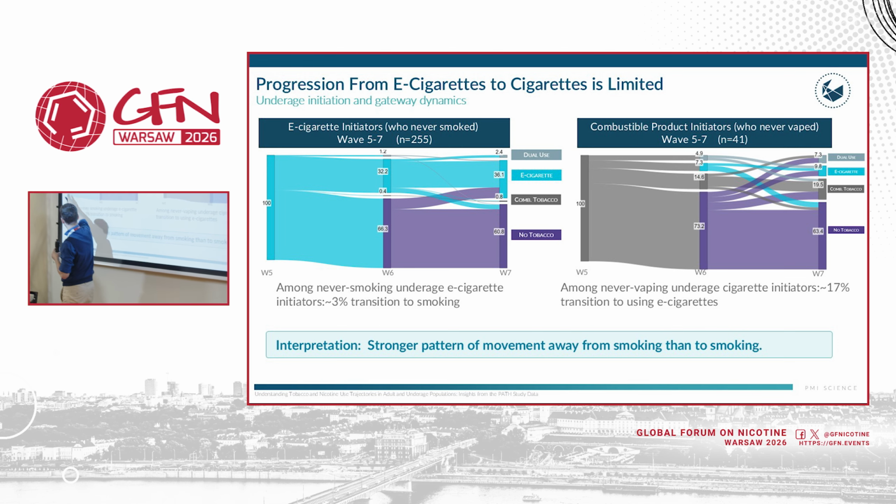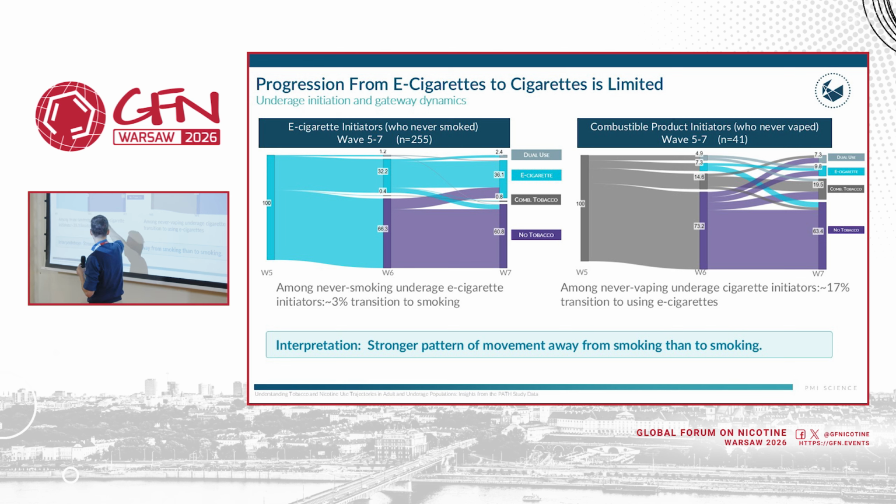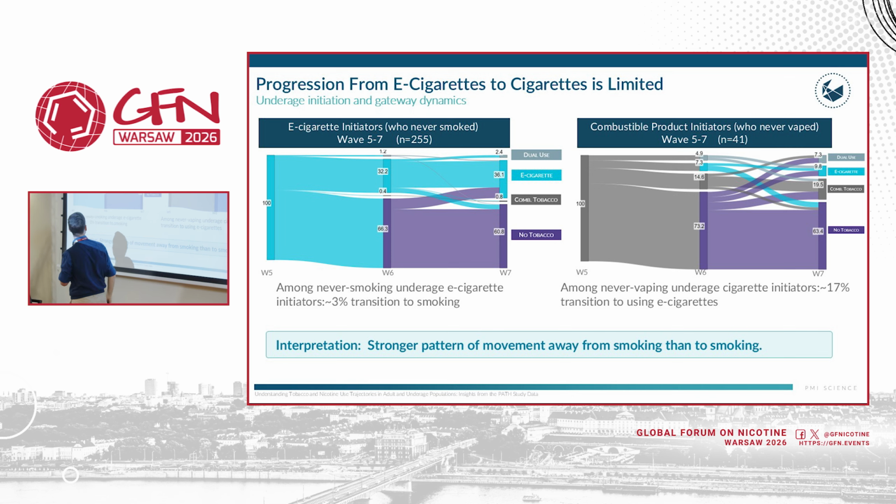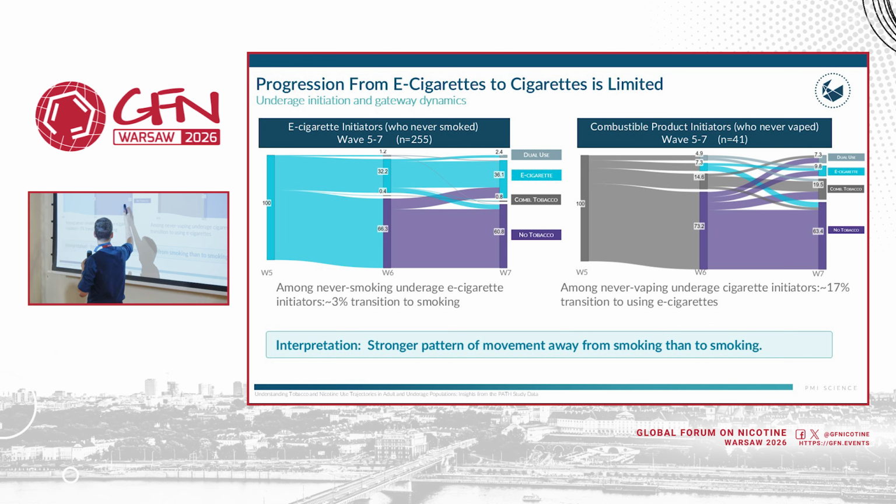And so in the first column, we have 100% of these underage initiators, and we are following them up, what they do in wave 6, so 1.5, 2 years later, until wave 7. And what we see is that 2/3 of these e-cigarette initiators stop using, not taking any tobacco or nicotine anymore. Again, it's similar to what we have seen before.